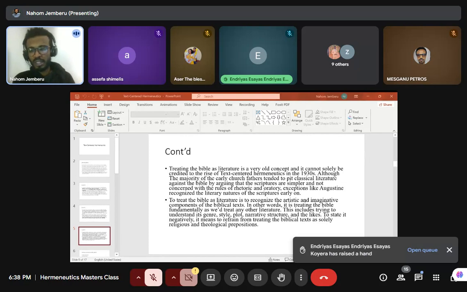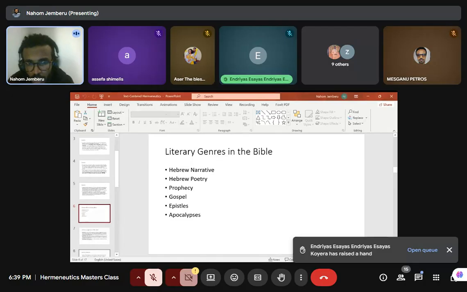So the text-centered approach assumes that in addition to the content, the form in which the content is communicated is also important. In addition to the actual content being communicated, the way it is communicated matters also. So this is what it means to read the Bible as literature. The first step is always to identify the various genres in the Bible.